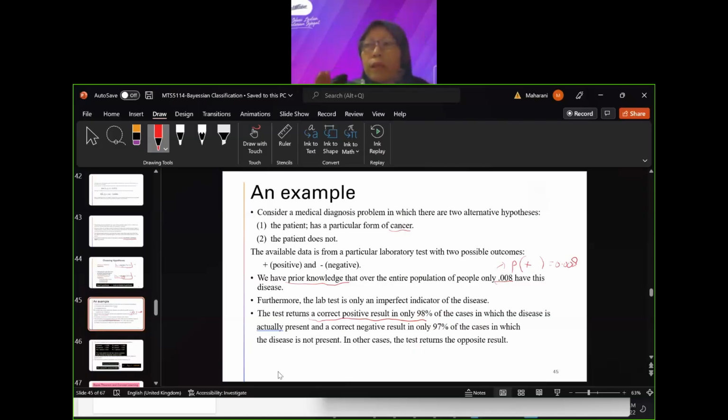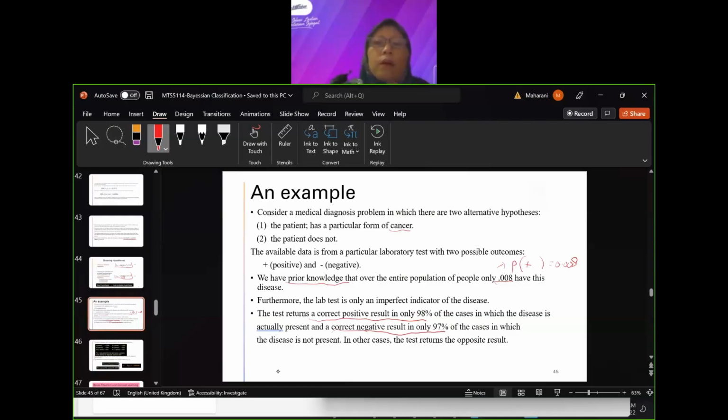So if the patient has cancer and gets the test, the positive result is 98%. The correct negative result is only 97% of the cases.